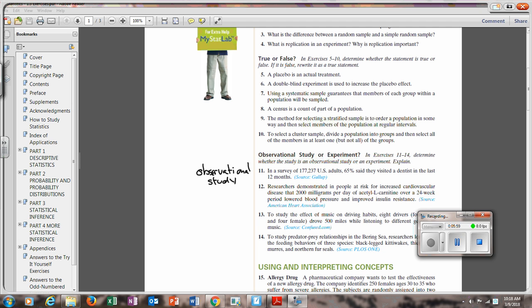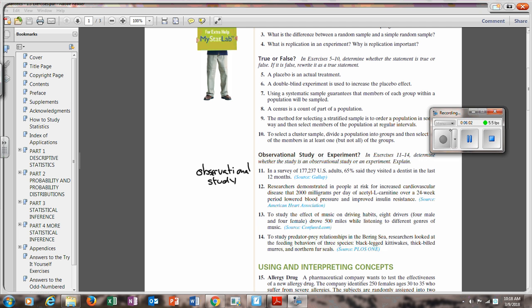Okay. Number 13. Studied the effect of music on driving habits. 8 drivers, 4 male and 4 female, drove 500 miles while listening to different genres of music. Now this one is kind of different because it seems like it's just an observational study. It seems like we're just checking to see what happens if they listen to different genres of music.